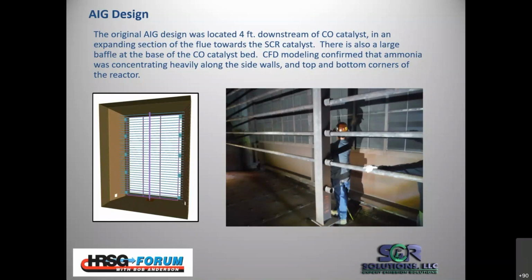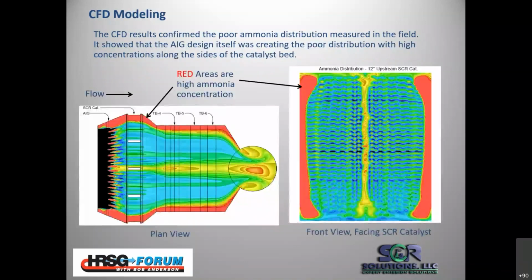And then on the sides of the unit, which is hard to catch in a photo here, there was also an expansion outward from the CO catalyst at the ammonia injection grid. So the gas was basically filling in the sides and the bottom where you see that big dead zone. And this is essentially what we're able to show with the modeling.